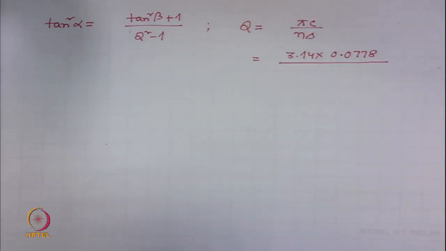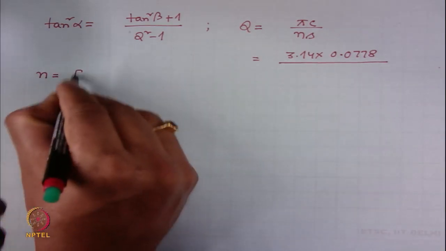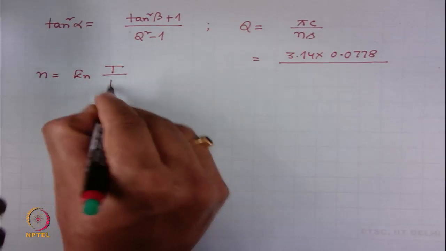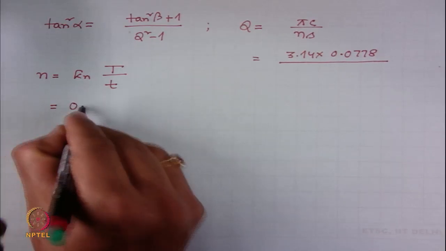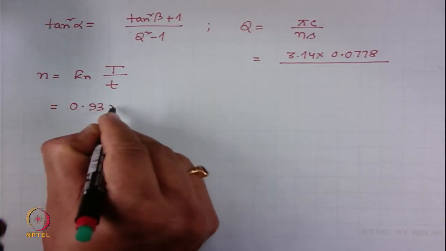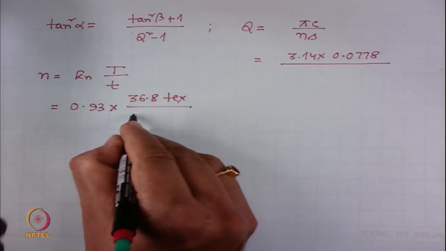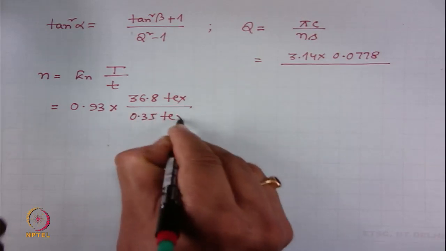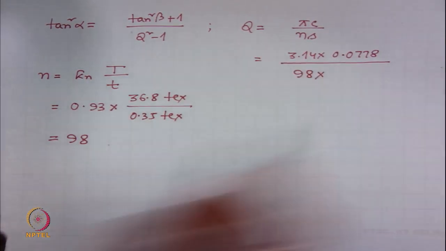We have to obtain values of small n, the number of fibers in yarn cross section, and small s, that is the fiber cross section area. How to find out small n? Small n is equal to coefficient Kn into yarn fineness by fiber fineness. The value of coefficient Kn is given here, 0.93 into 36.8 tex divided by 0.35 tex. So, this value will come to 98.